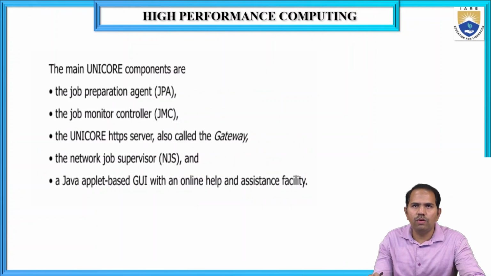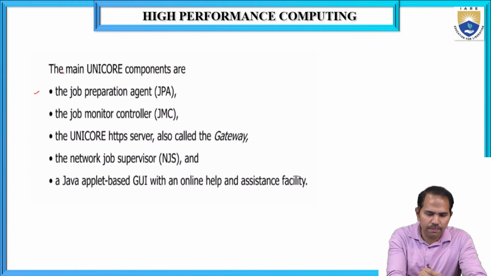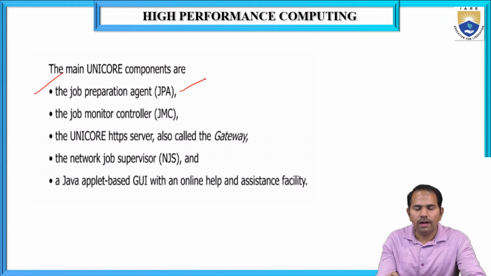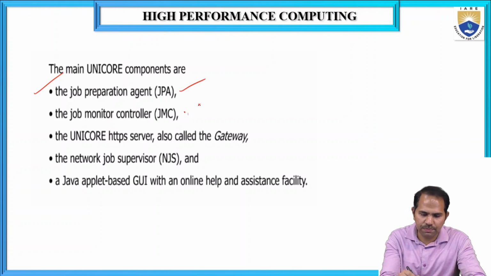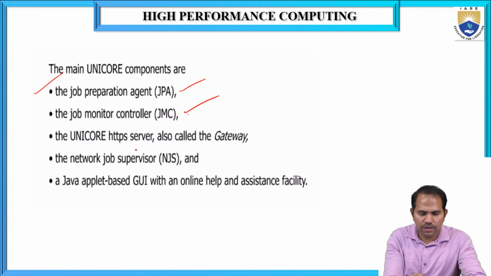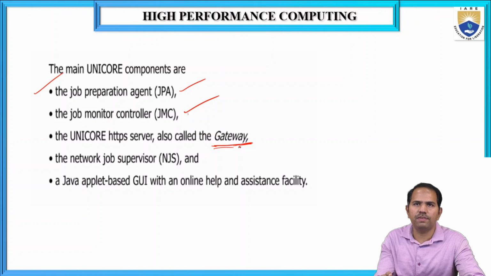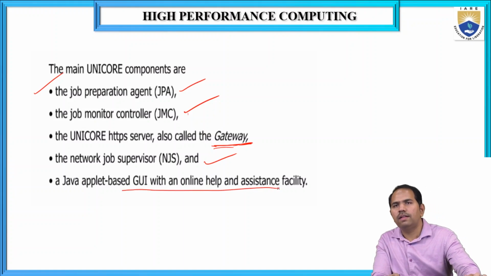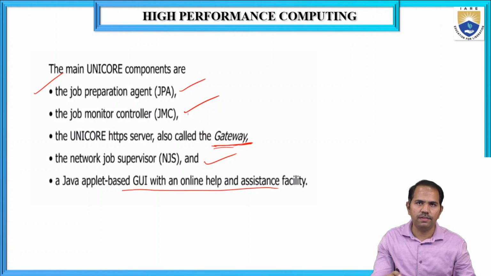The main Unicode components are the job preparation agent, JPA, and the job monitor controller, JMC. Next is the Unicode HTTP server, also called the gateway. Then the network job supervisor, NJS, and the Java applet based GUI with online help and assistance facilities.